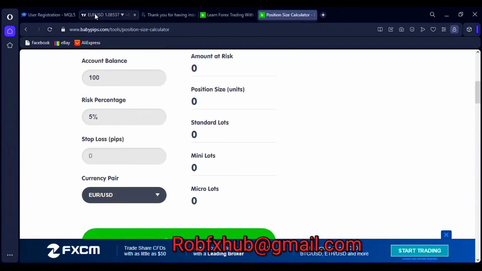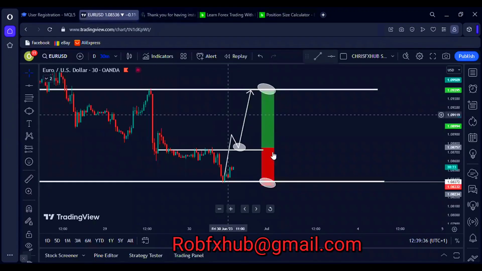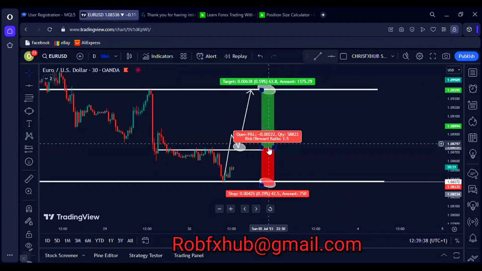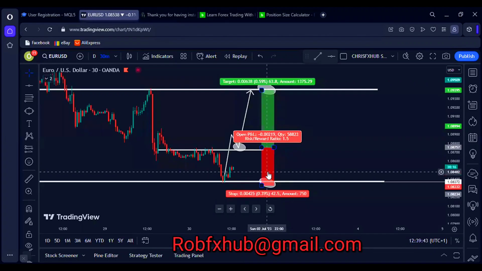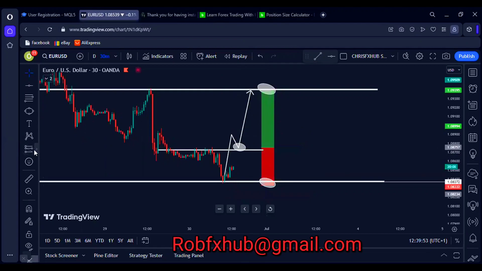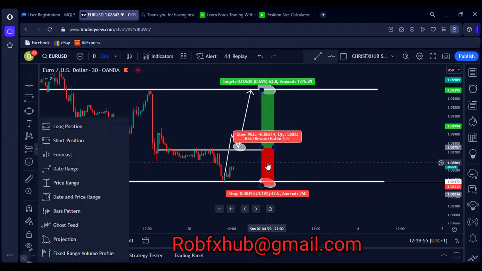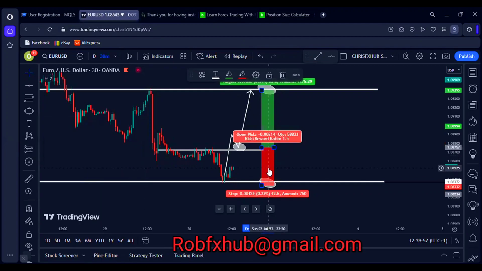If you go back to your pair, if you check, you see 42.5. Check the red side of the position, the short position. If you check the red side, check down, you see 42.5.